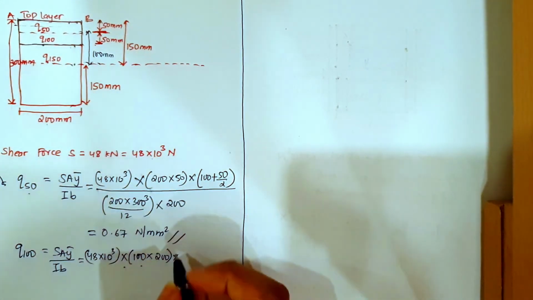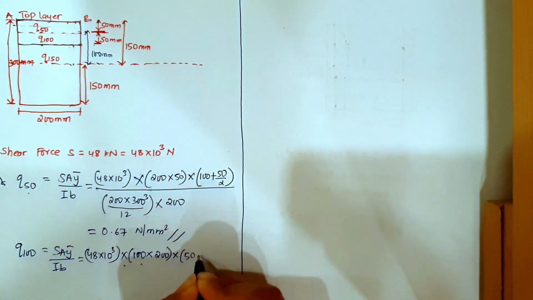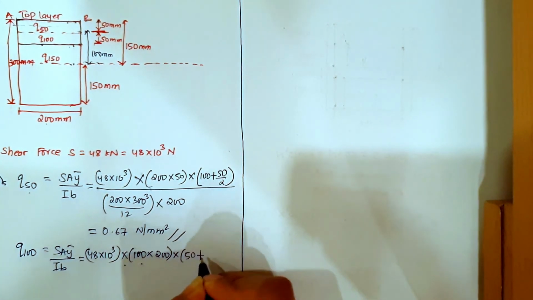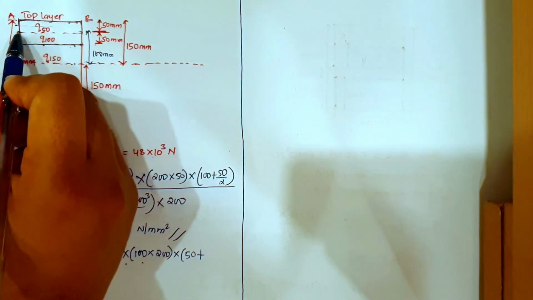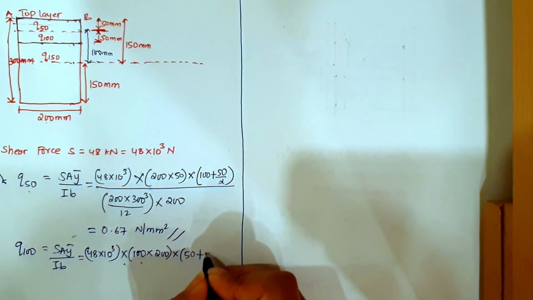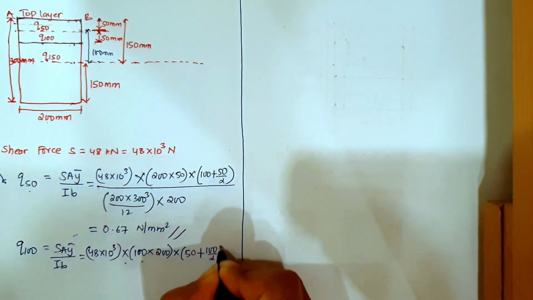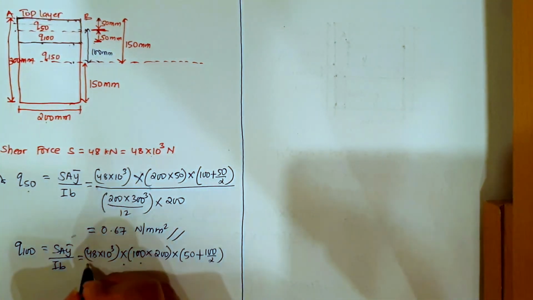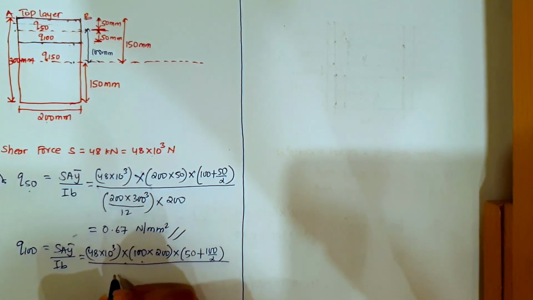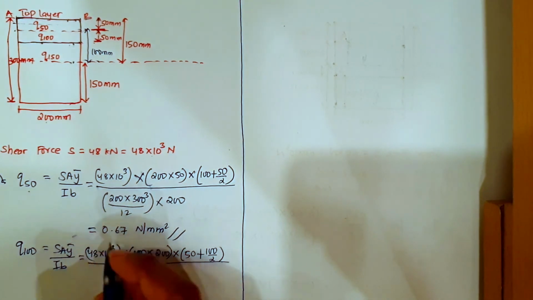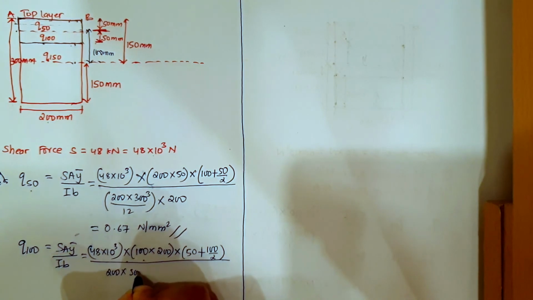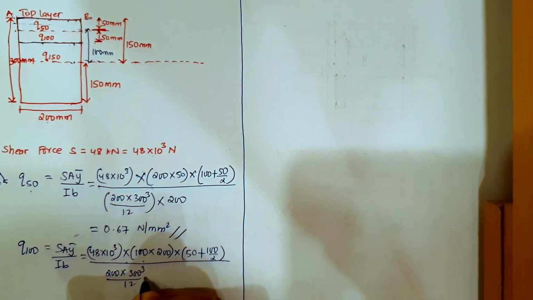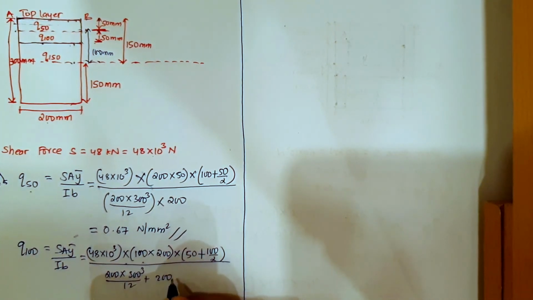So from here to here is 50, so add this 50 here, 50 plus, now for this 100 of the whole section, you have to take half of 100, so it will be 100 divided by 2, divided by 200 into 300 cube divided by 12 plus 200.